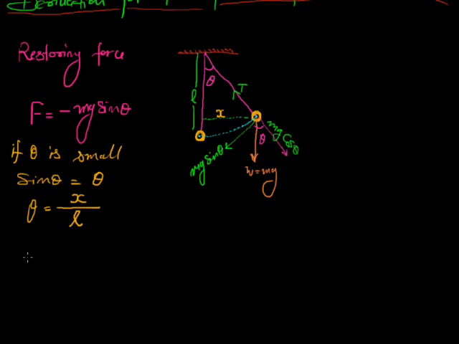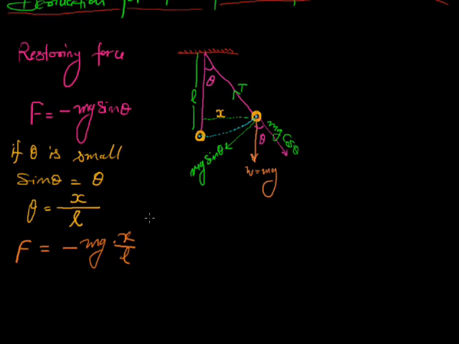So we can write F is equal to minus mg x upon L. Here the negative sign is because angular displacement theta and restoring force are opposite to each other. If we consider the direction, theta acts in the opposite direction and the restoring force always acts towards the mean position.